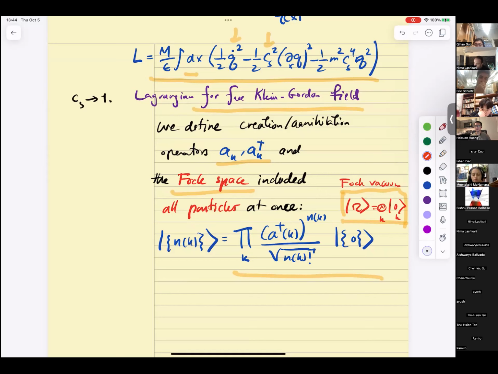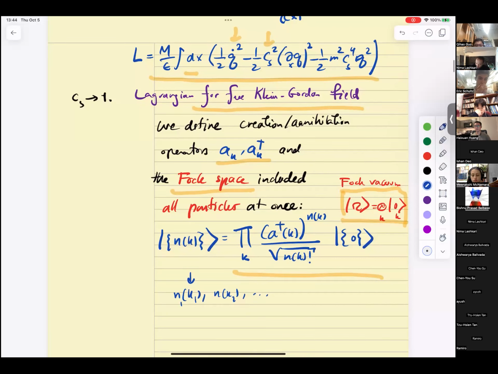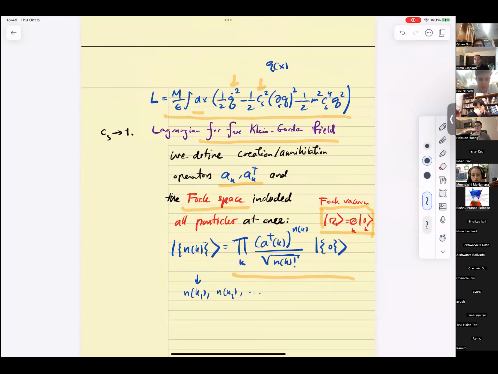So if your set of ks were discrete, you end up with n of k1, n of k2, as the description of a particular excited state, which has n1 particles of momentum k1, where n is an integer, and so on and so forth. Good. We got a Hilbert space that included all particles at once. Are we good? So I just summarized lecture 2.